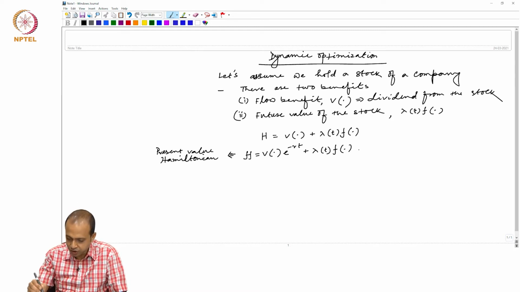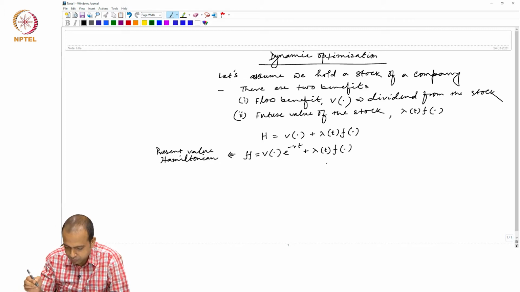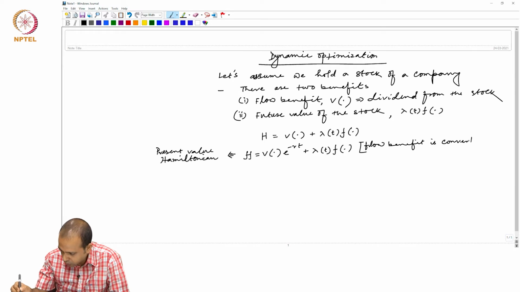Here we have converted flow benefit into stock benefit.